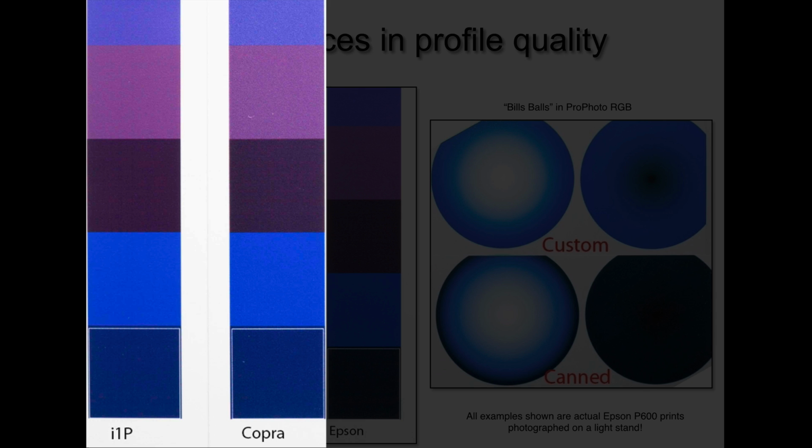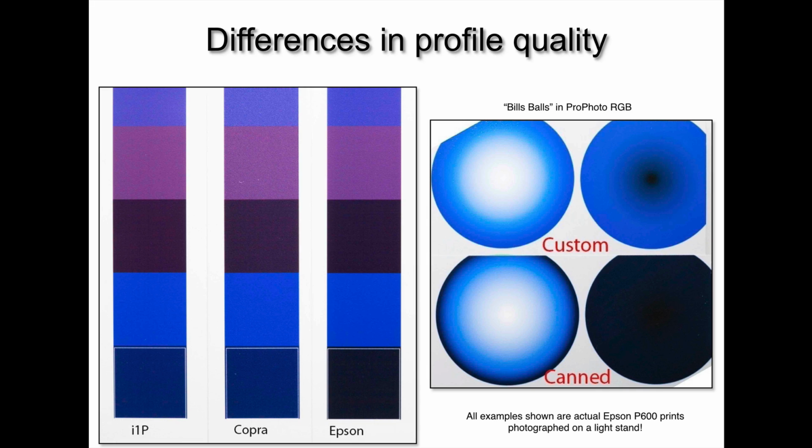So same data, same measurements, slightly different results. And of course, they are both, in my opinion, vastly superior to the CAN profile we see from Epson on the far right. This is the profile where we saw the Roman 16 blue image, where all of our saturated blues kind of map to black.